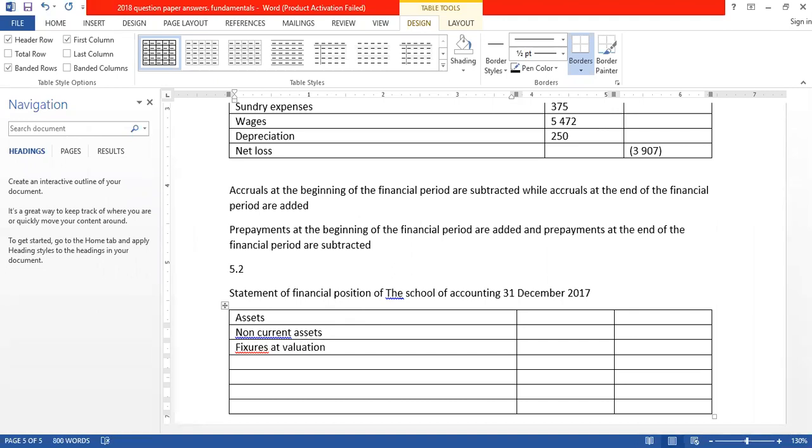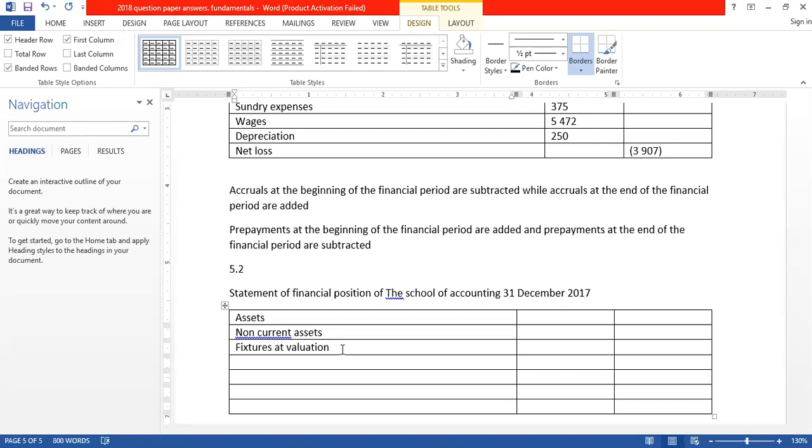We have fixtures at valuation. Now for these fixtures, the closing amount is the amount after depreciation. Looking at your opening balance, it was 2,500 for your fixtures, and then your closing balance was 2,250. So the difference is the depreciation.